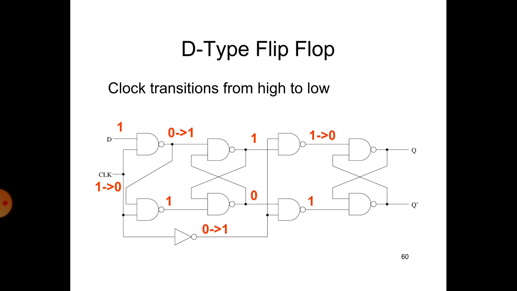So the clock will be given to the inverter, means the output will be 0. So that will be given to the second latch, the output will be Q and Q bar. So here clock transition set the slave latch. The same operation at the second stage. The first stage shows the master and second stage shows the slave, isn't it? So that slave will be 1, that is set.